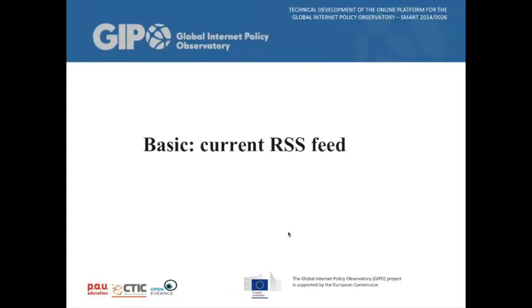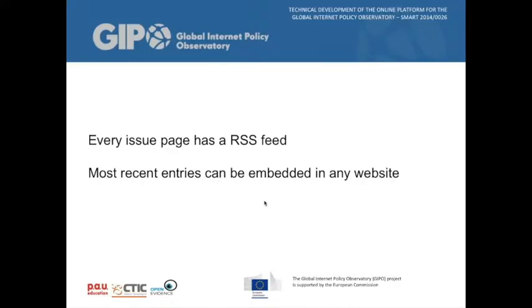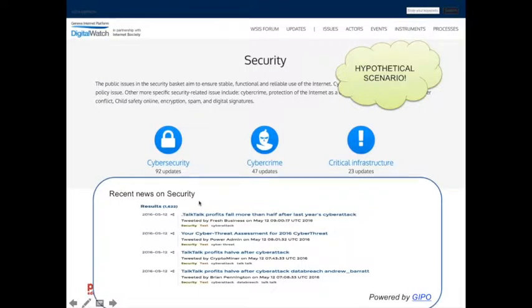So the first option, basic, current RSS feed. Every issue's RSS feed address can be embedded in any website, and you can decide how you do it. Here we show you a hypothetical scenario where you can present the feed on your website.